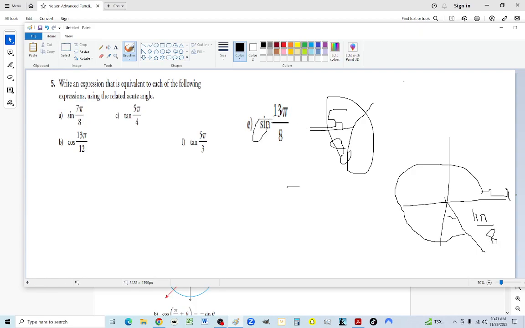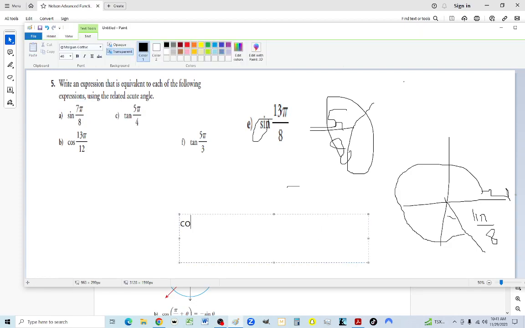If I want to find the equivalent cosine, I just take cosine pi over 2 minus my 11 pi over 8. Let me make sure I got that right. So that one over there goes past by pi over 8, which means the remaining is 2 pi minus 5 pi over 8.